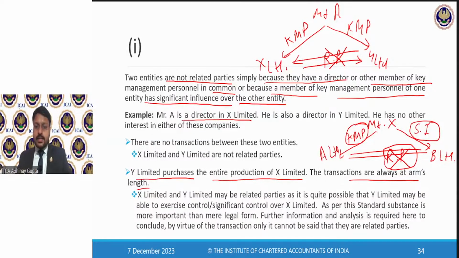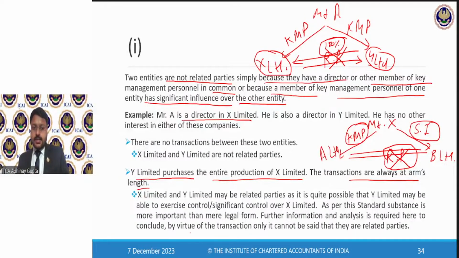Now, the tweak in the case is Y Limited purchases the entire production of X Limited. That is, 100% of sales by X Limited are made to Y Limited only. So Y Limited is the only customer of X Limited. Now, would your answer be different because of this?